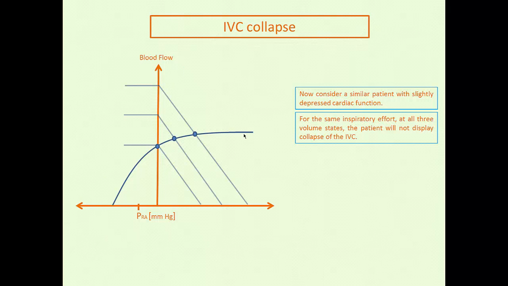So even though you've got less blood returning to the right heart, because the right heart cannot adequately pump it forward, the pressure within the right atrium and the right ventricle remains relatively high. And so even when you inspire and drive that pressure down, it still does not lower enough below abdominal pressure, and you do not see collapse in this hypovolemic patient.